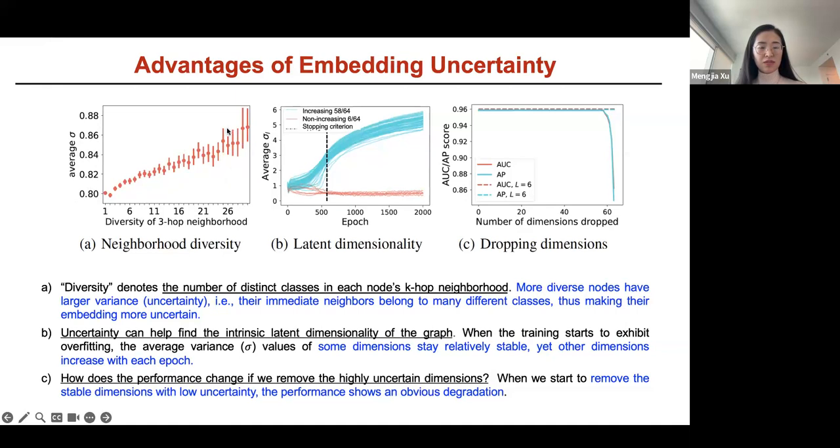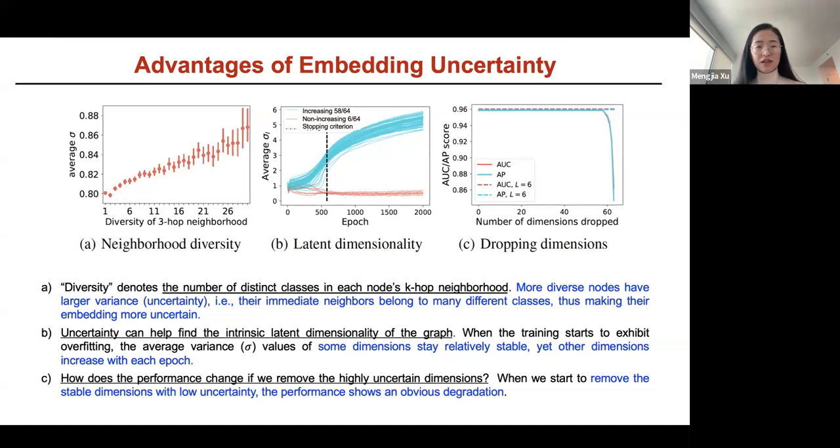So that's a very important property. And for figure B, we can see the average sigma corresponding to the training epochs in the latent embedding space. The embedding size is 64, so the sigma vector has a size of 64.